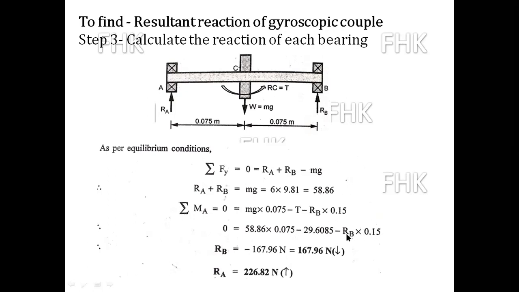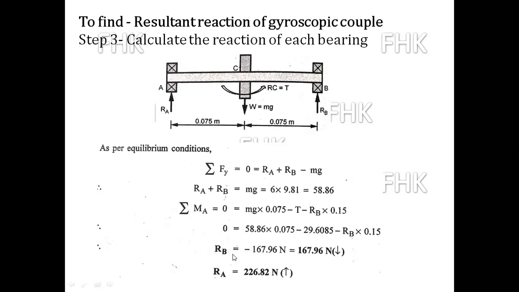After solving this equation, the value of Rb comes out as minus 167.96 Newton. The minus sign shows that the direction of the arrow is downward. So the Rb force acts in the downward direction with a magnitude of 167.96 Newton.